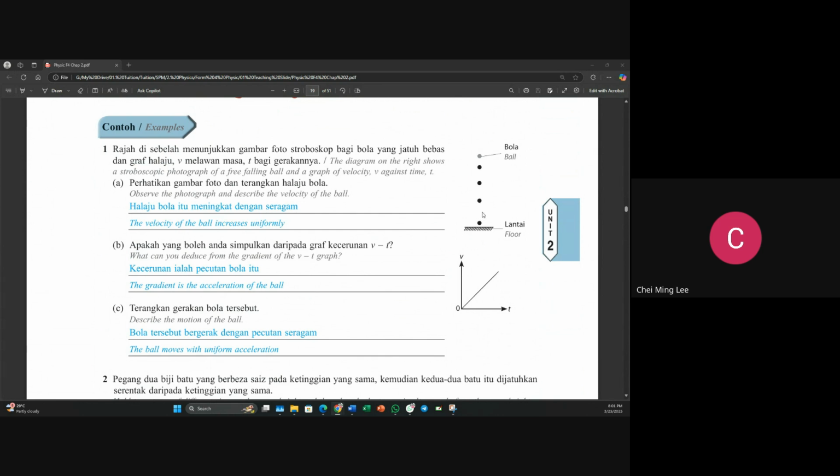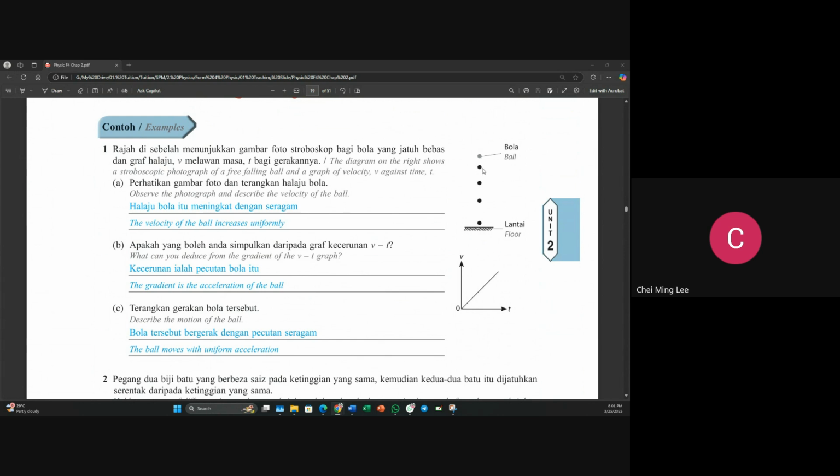A stroboscope is like a photograph, but it snaps maybe 5 times in 1 second and combines them together, like your frames per second. The gap of each snapshot in time is the same. So from here to here, the time taken is the same, from here to here is the same, because it's taking frame by frame.